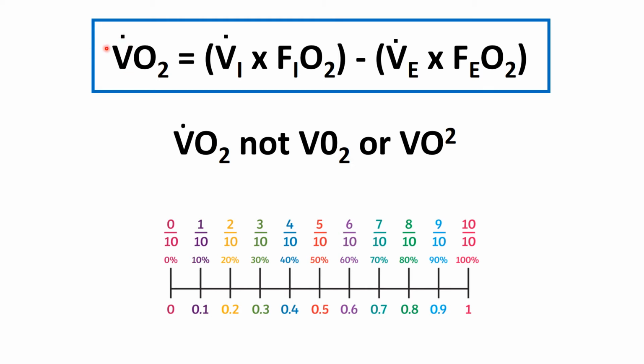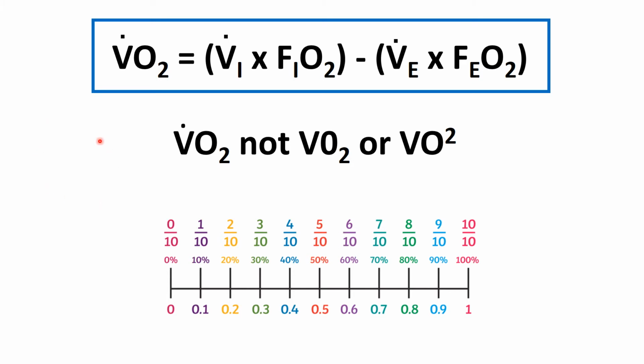People correctly identify that this dot signifies a rate, so it's per unit of time. This is important because, without this dot, if we say the volume of oxygen, so let's say you breathe out into a Douglas bag for 2 minutes, and let's say your volume is 10 litres in 2 minutes.